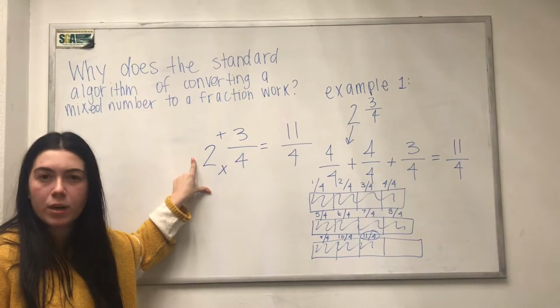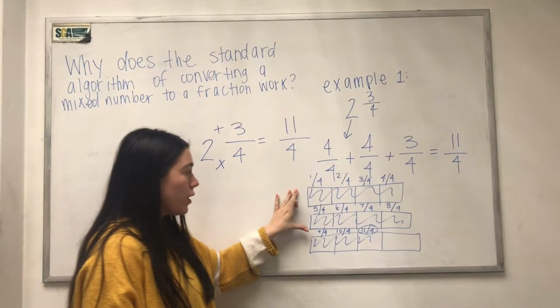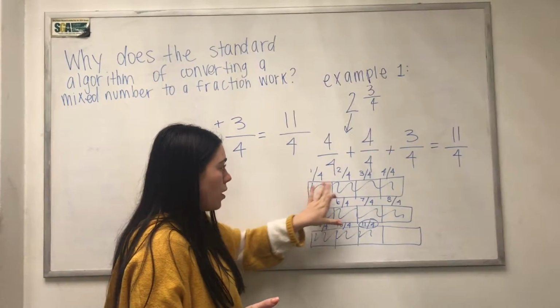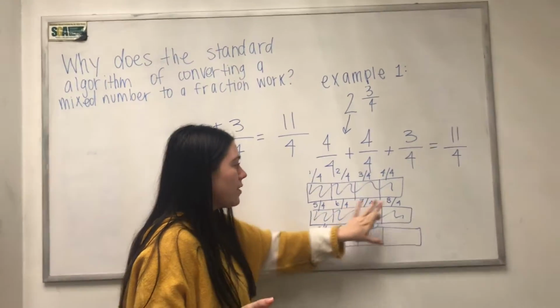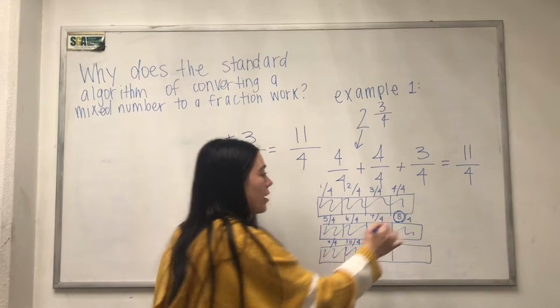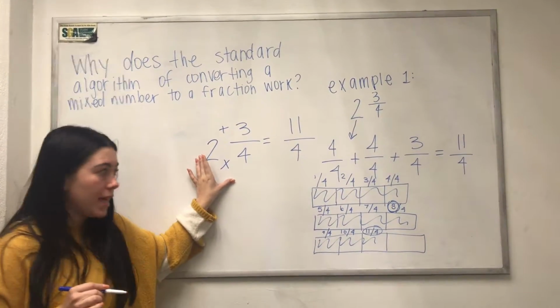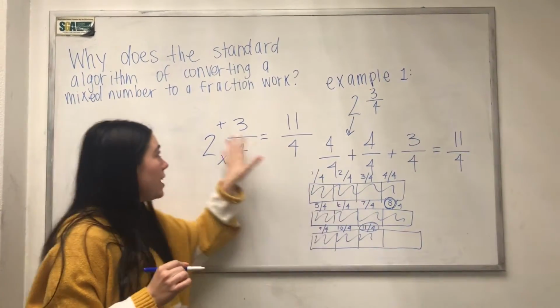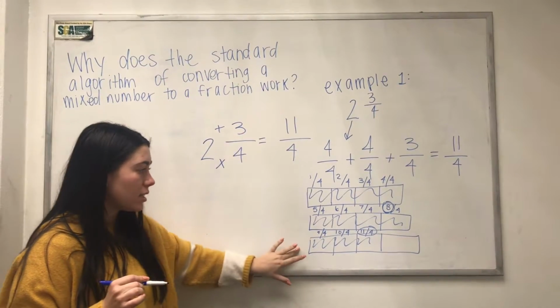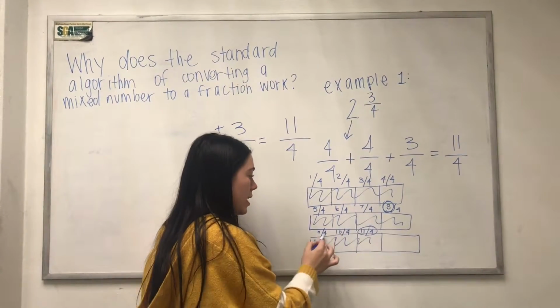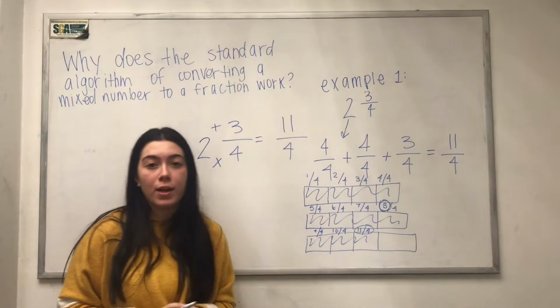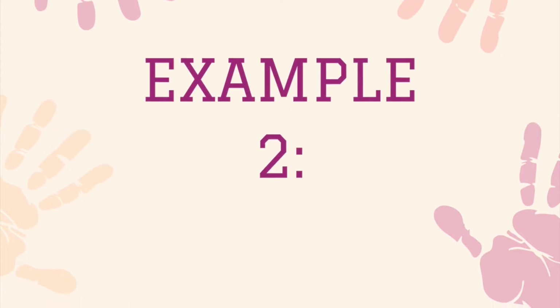Most people will say, where did that 8 come from? If you look over here, we have 1, 2, 3, 4, 5, 6, 7, 8. That's exactly why you do this multiplication, because you get the first 8 and then you add the 3 because that's the leftover. So 8, 9, 10, 11, and that is why you have 11/4 right there.